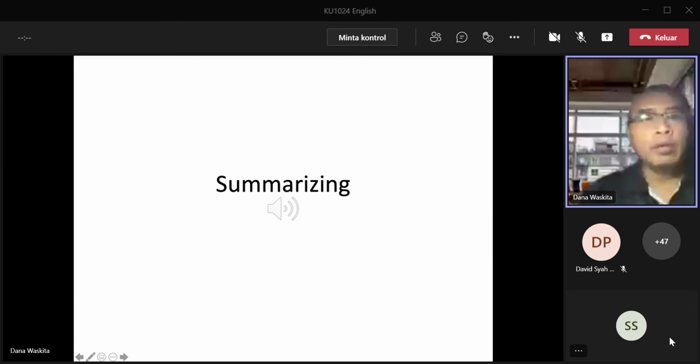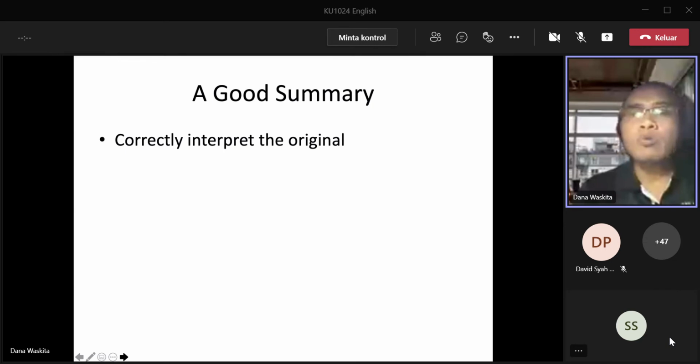The first rule is, of course, that you have to understand the content of the article itself. To understand the article means you can correctly interpret the original one. Don't misinterpret the original one.